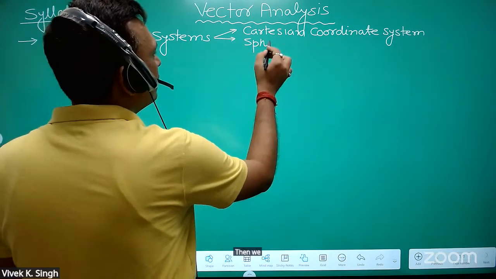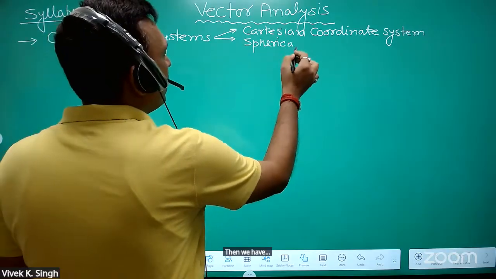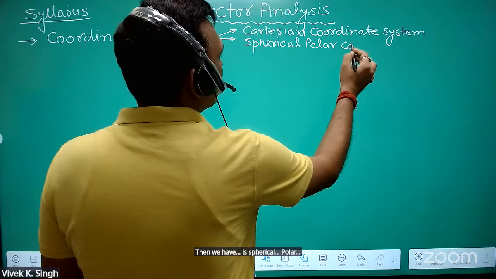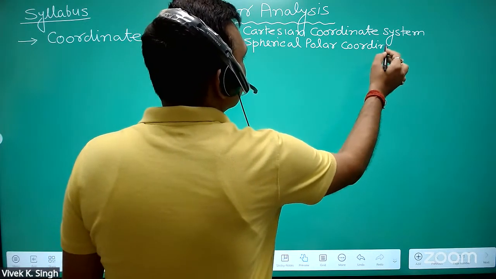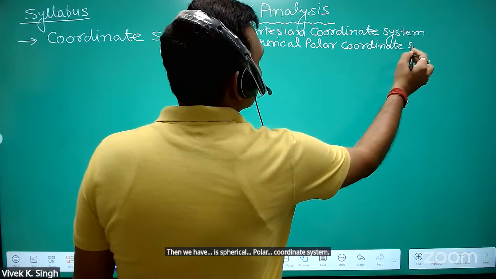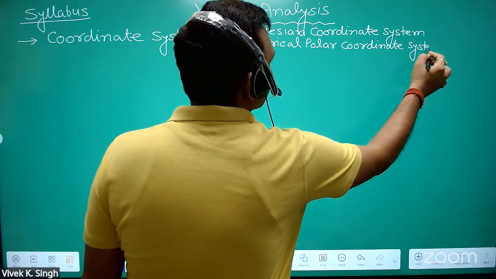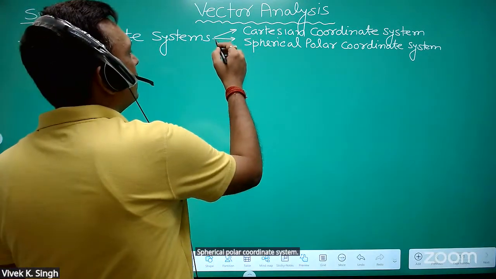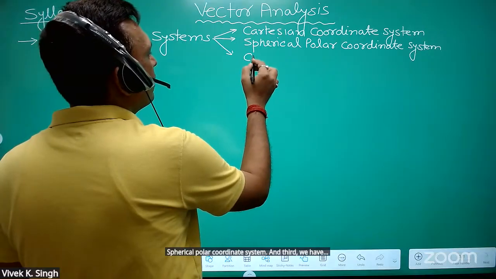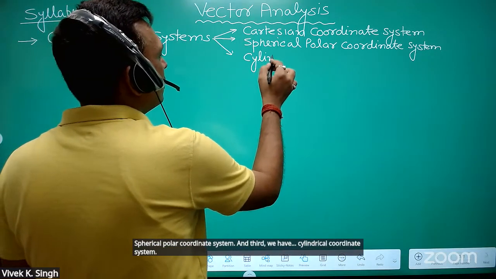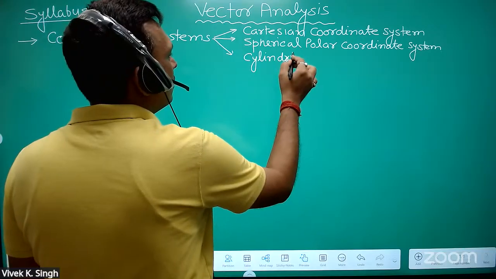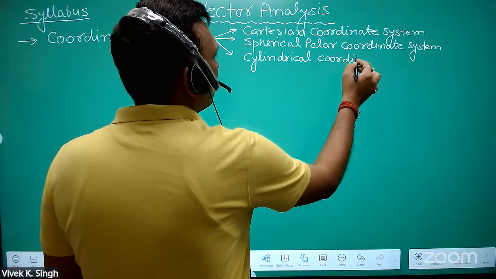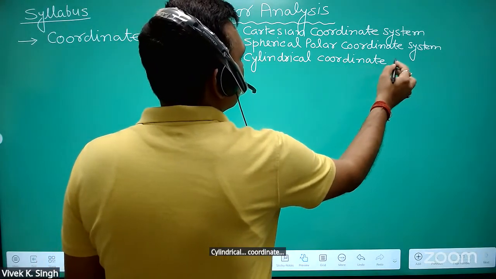Then we have the spherical polar coordinate system. And third, we have the cylindrical coordinate system.